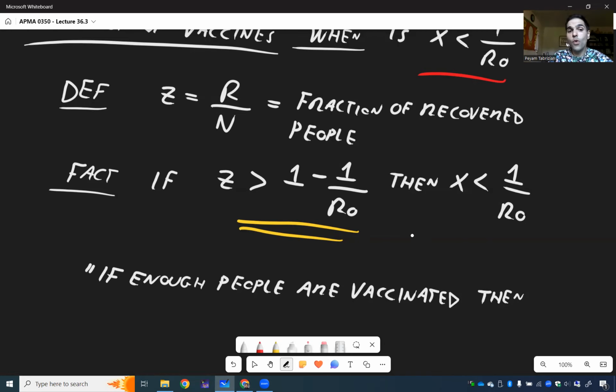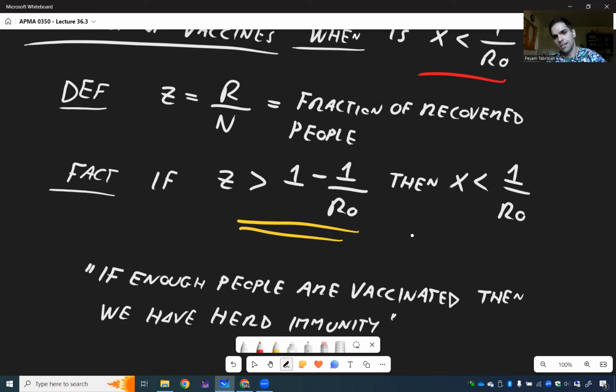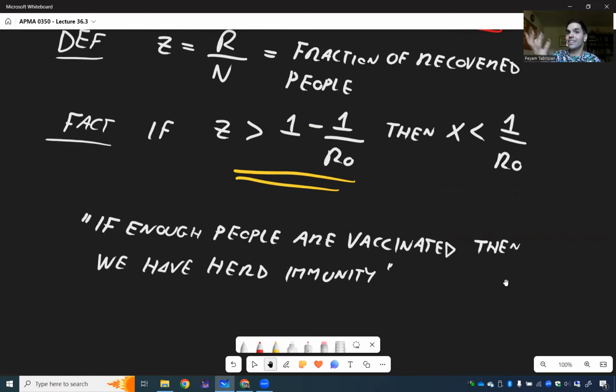Or in other words, we have herd immunity. So at least according to our model, vaccines are not a bad thing. They do guarantee that we're in the stable region. And the question is, are we in that case? Do we have herd immunity right now?